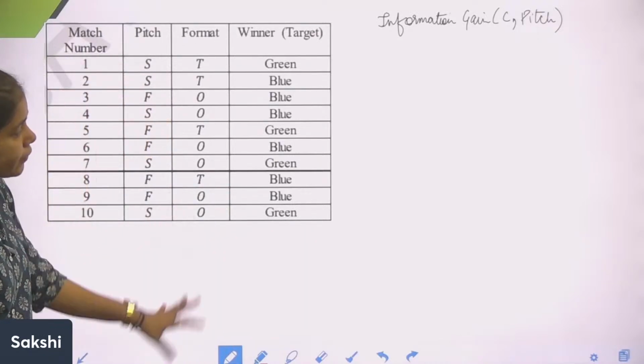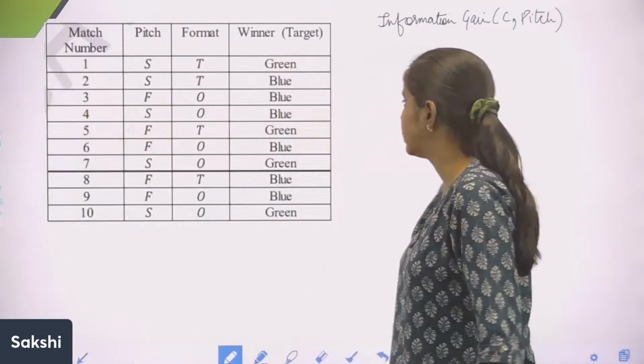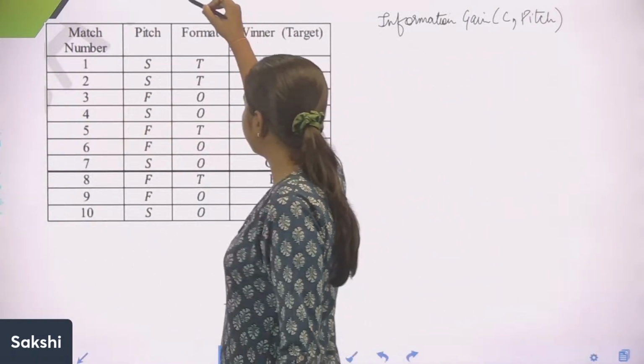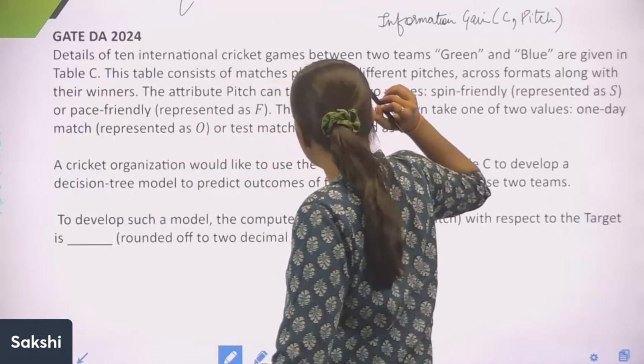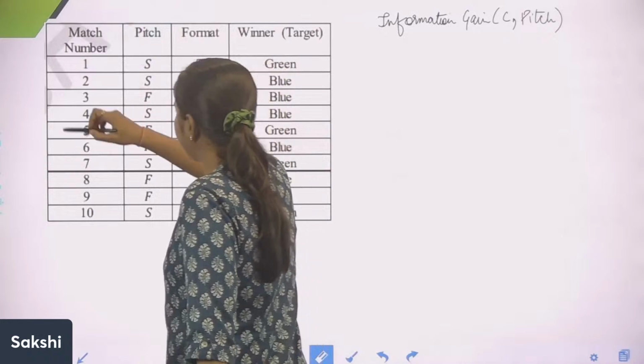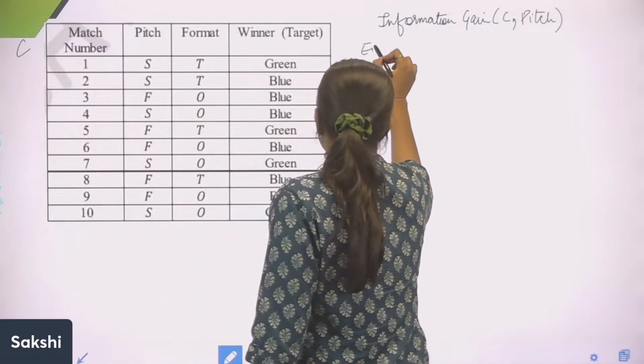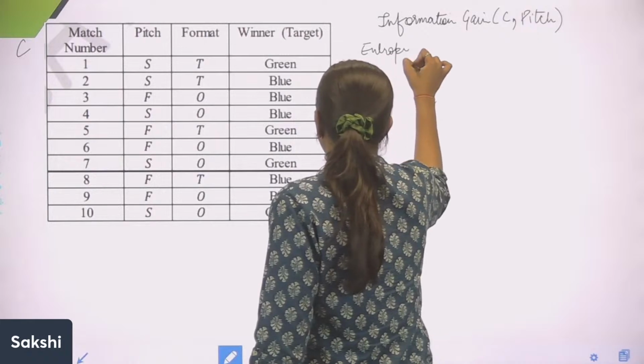First of all, I need to find out the entropy of this whole table, the entropy of this whole data set. Let's suppose C is the data set, table C. Can you tell me what would be the entropy of C?